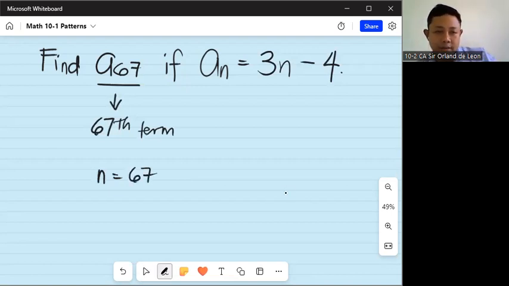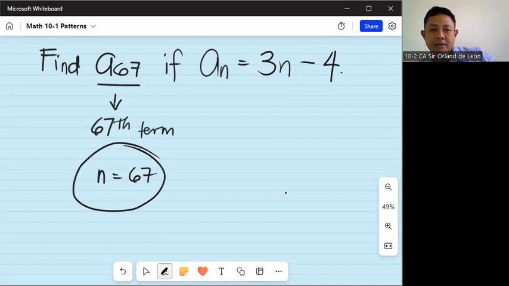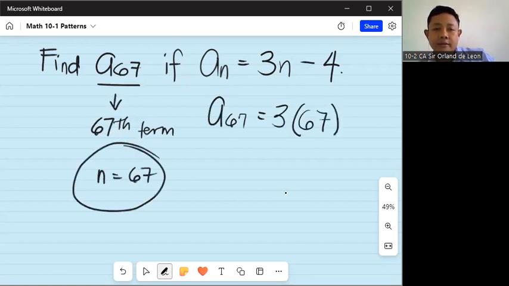So with this, having in mind that n is equal to 67, we can already do the process. So A sub 67, everybody watch with me, follow me in the process, is equal to 3 times 67 minus 4, right? So everybody, what's the answer if you multiply 3 and 67?